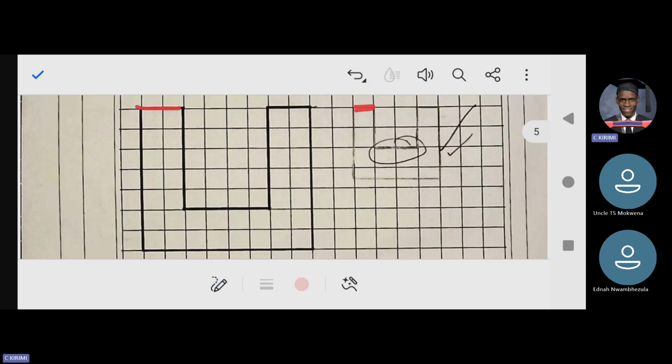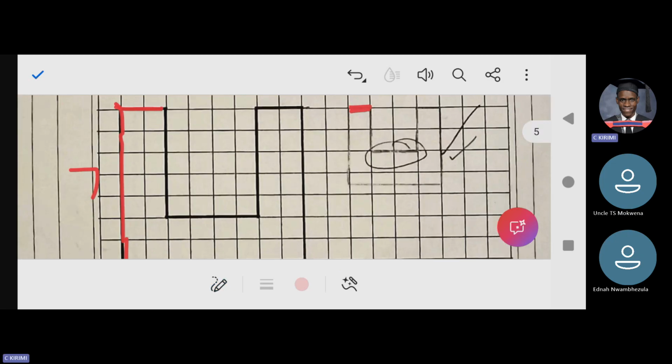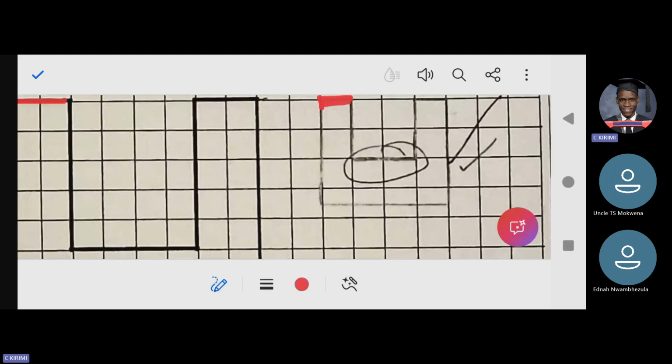Let's calculate the length of this side, which means it's 1, 2, 3, 4, 5, 6, 7. Do we agree? There are 7 boxes here. And what is half of 7? 3.5. So on this side I must move 3.5 boxes. You end there. You don't reach 4. You end at a half. Is it clear?